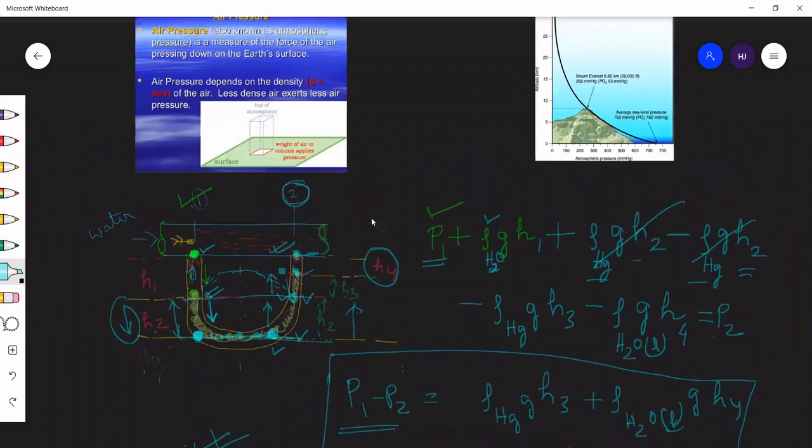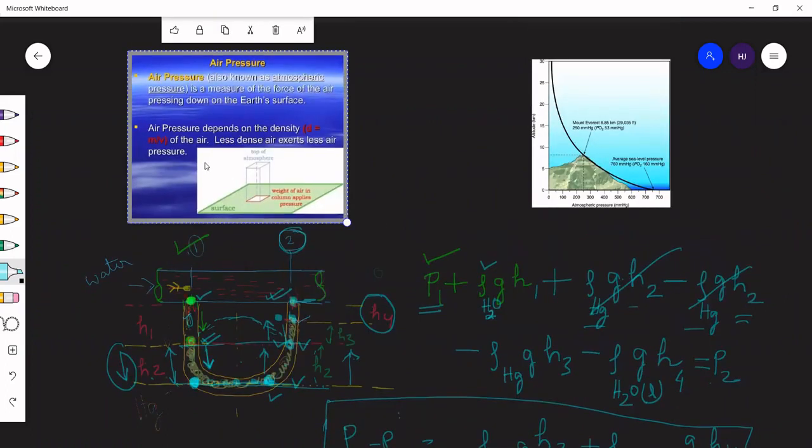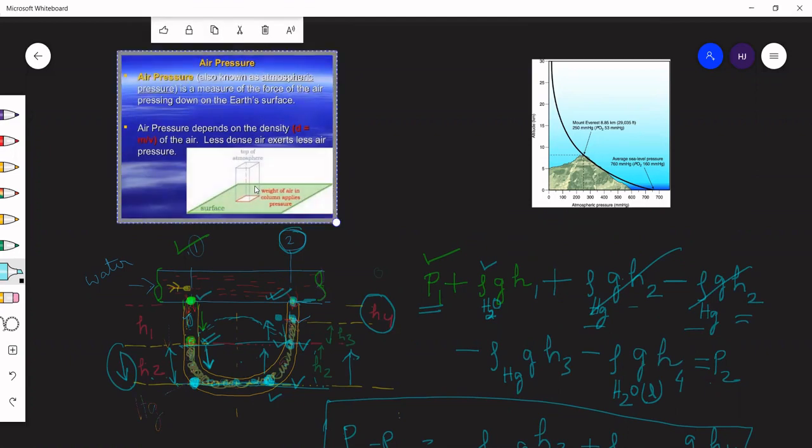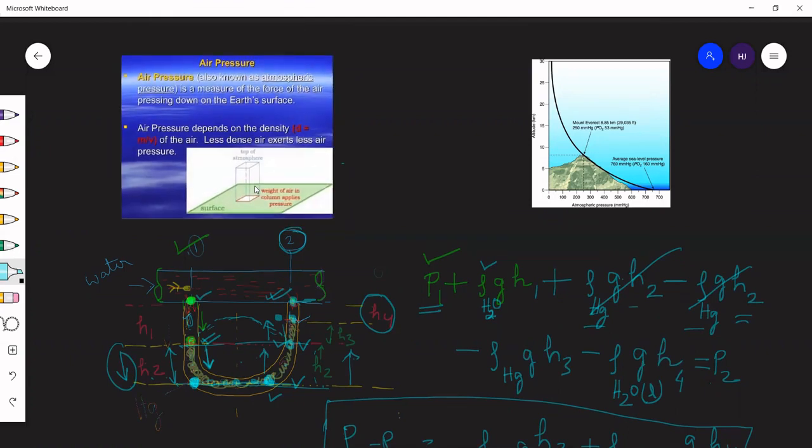Now, I wanted to solve some problem. So, actually, what is atmospheric pressure? Atmospheric pressure is nothing but 101.325 kilopascal. What does it mean? 101.325 kilonewton is acting per unit area.